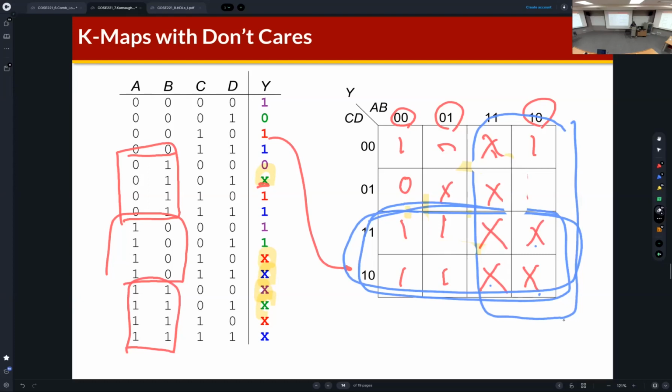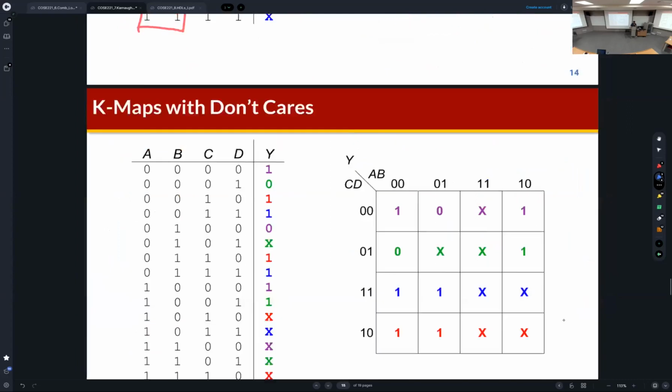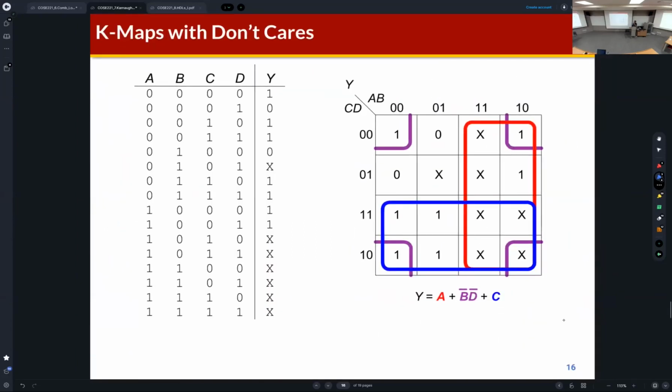So we can think that this X is 0. Okay, this is 1. And then another large circle, which means that this 1 should be included. So we can include another large circle like this. Okay. Understand? So this is the result.